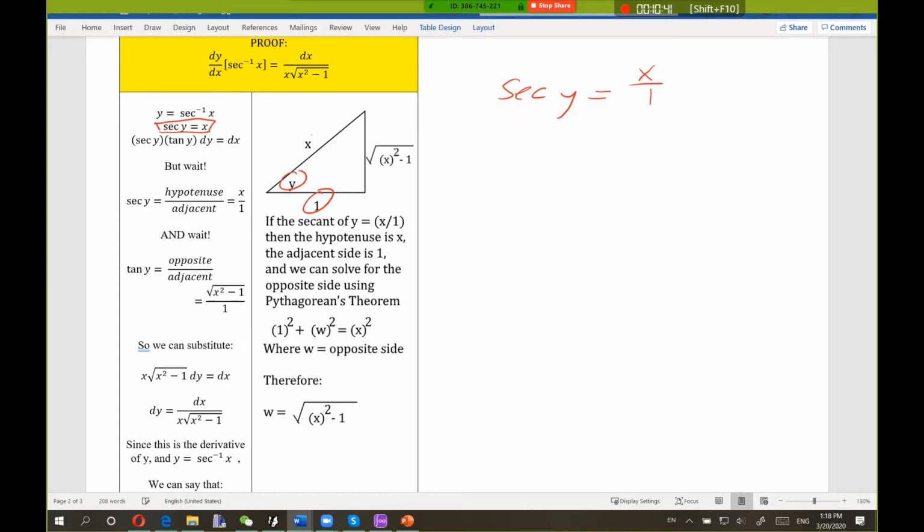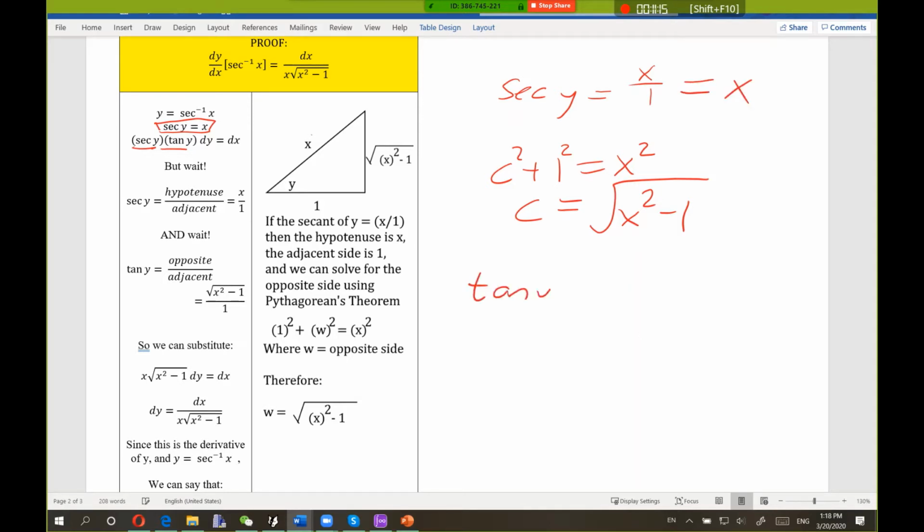And again, we can use Pythagorean's theorem to solve for our missing side length here. So c squared plus 1, since the side length is not a hypotenuse, is equal to x squared, or the square root of x squared minus 1 is equal to c for our missing side. Okay, that will allow us to sub in for secant and tangent. The secant of y then is x over 1, or x.